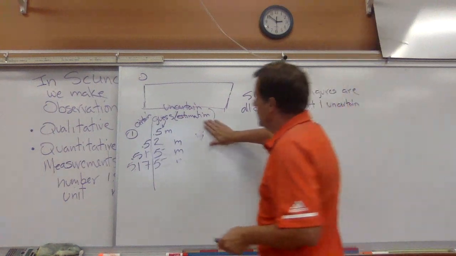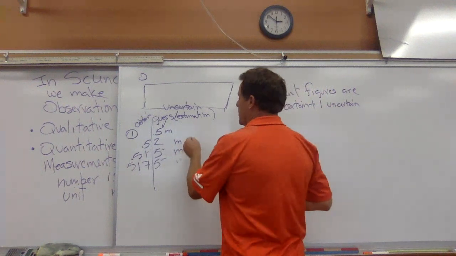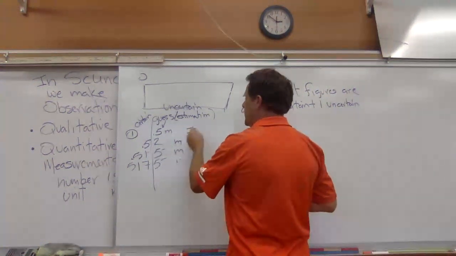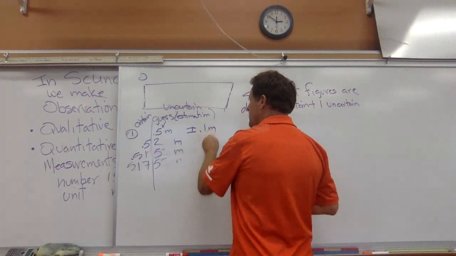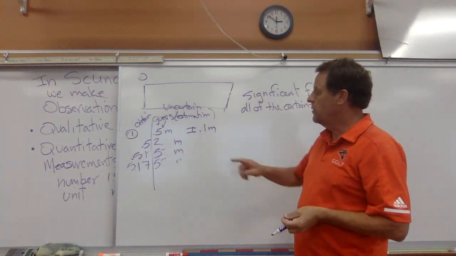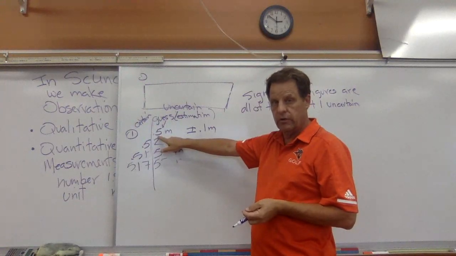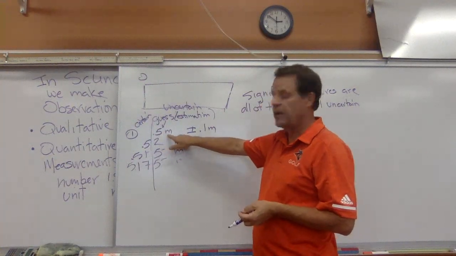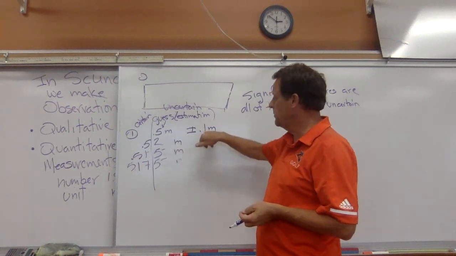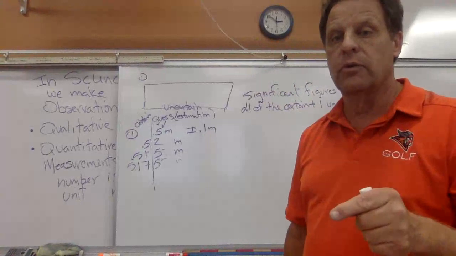So when we look at this one right here, this is going to be plus or minus 0.1 meters, because our last or uncertain thing was in the tenths of a meter, so we get a precision of plus or minus a tenth of whatever that placeholder is.